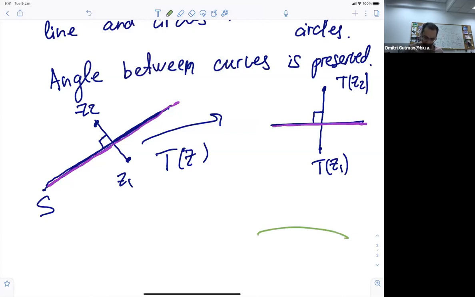And this line can either be a straight line or it can be another circle. And this then will be the point TZ1, and this is the point TZ2. But these two circles or lines must have 90 degrees at their crossing angle. Any questions so far?